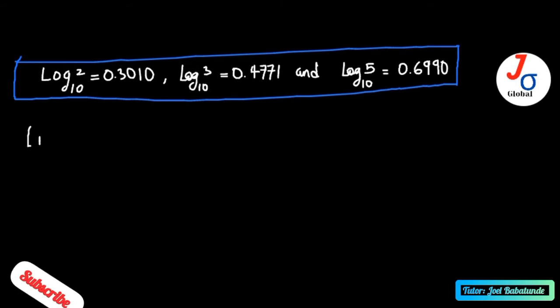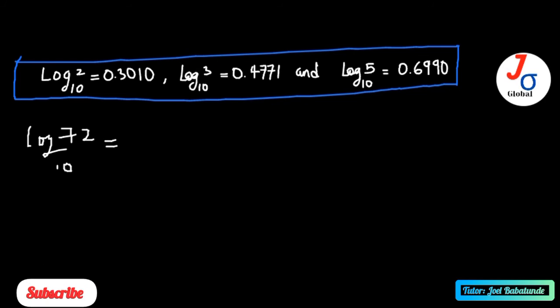Log 72 base 10. So 72, I can't write in terms of 2, 3, and 5 directly, except if we write 9 times 8. 3 raised to the power 2 is 9, and 2 raised to the power 3 is 8.